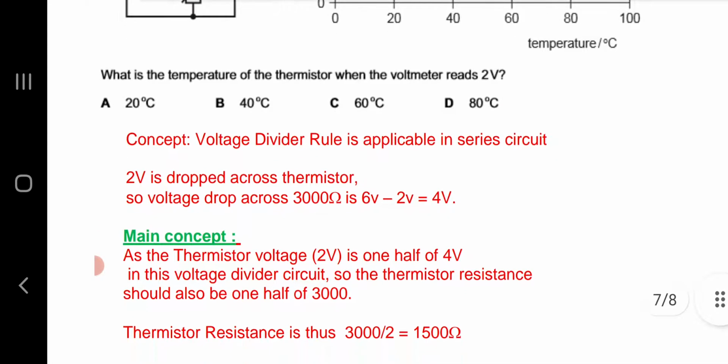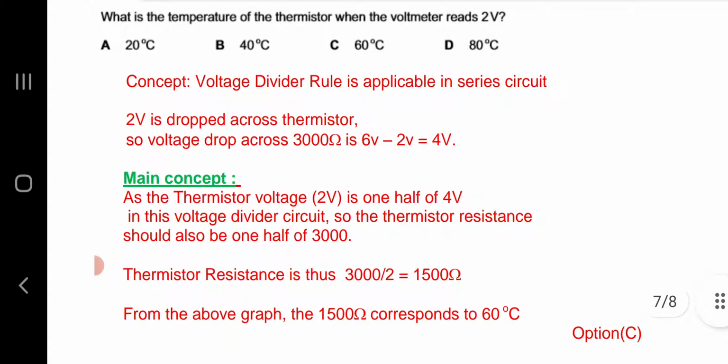Now the main concept, as the thermistor voltage 2 volt is one half of 4 volt, and that 4 volt is available to 3000 ohm resistor. So in this voltage divider circuit, the thermistor resistance should also be one half of 3000.